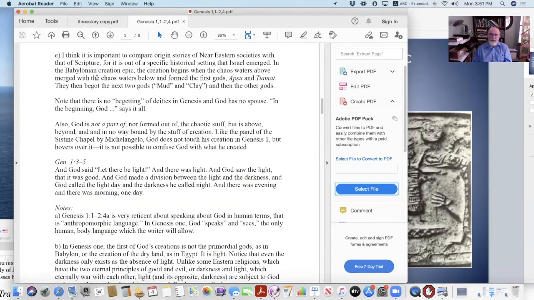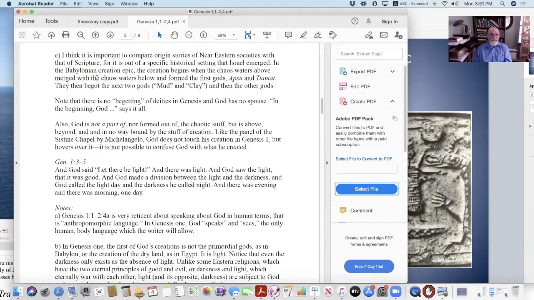Also, and I think this is equally important, God is not a part of, nor is he formed out of, the chaotic stuff, the chaos and formless void, in Hebrew, tohu and bohu, of that pre-ordered chaos. But he is above it. He's beyond it. He's in no way bound or controlled by the stuff of creation, like Apsu and Tiamat, Lachmu and Lahamu are.